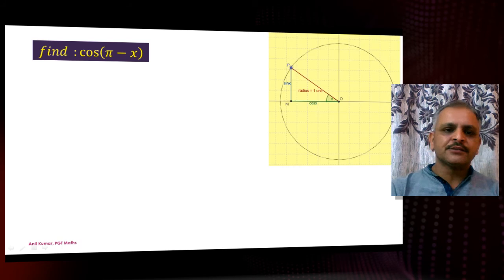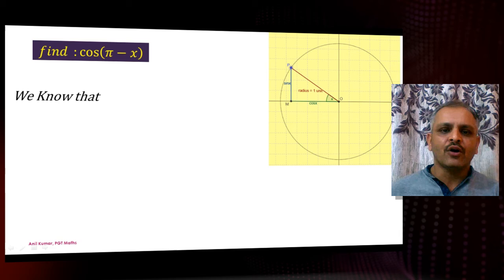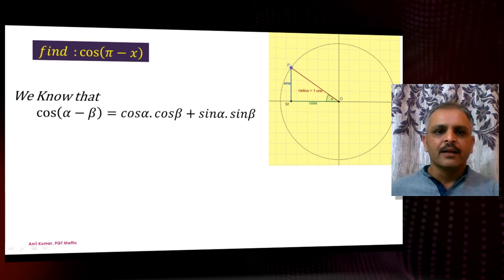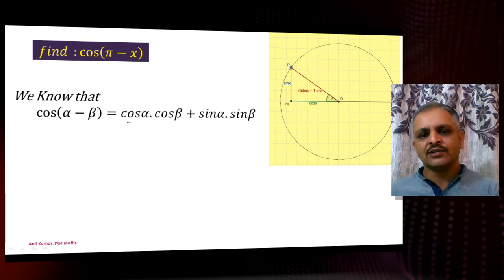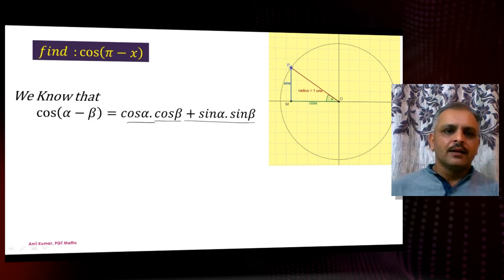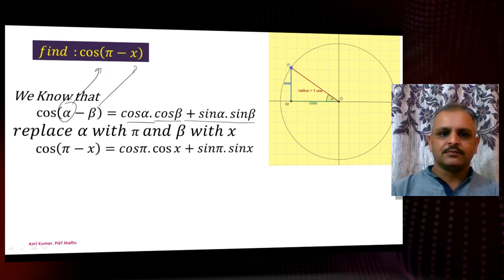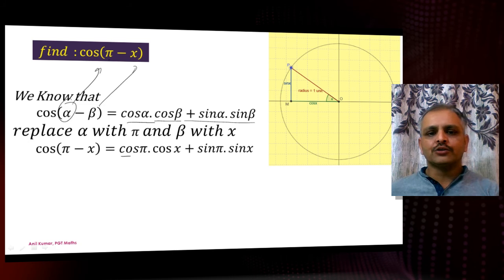On the same lines, let's find out cos(pi minus x). And as you know, which identity are we going to use? Cos(alpha minus beta), and cos(alpha minus beta) is cos alpha cos beta plus sin alpha sin beta. So let's replace alpha with pi and beta with x. So it becomes cos pi cos x plus sin pi sin x.